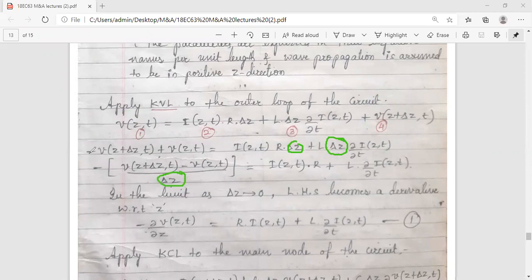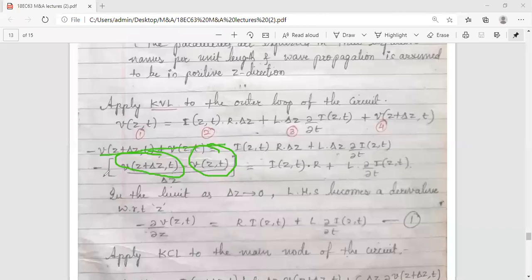And what I have done here, take the minus sign common. If you take minus sign common, this will become plus, this will become minus. Minus of this is equal to first term and second term. Now, if you remember, when you deal with your differentiation part, starting with your calculus and limits, how you define differentiation is the difference of two terms, the difference divided by delta of z.